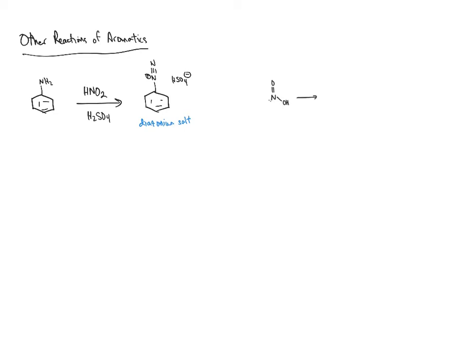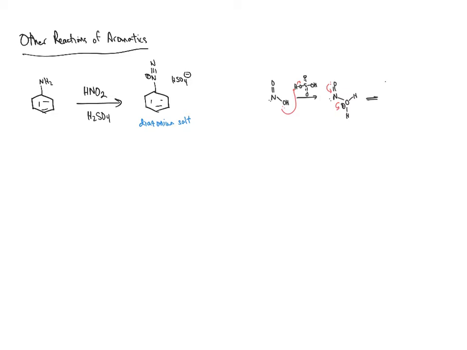The first thing we're going to do is protonate the nitrous acid. Just like this, we protonate the nitrous acid to give us this species, which then collapses with loss of water to give us the nitrosonium ion.